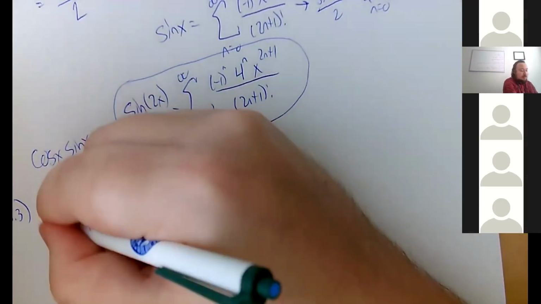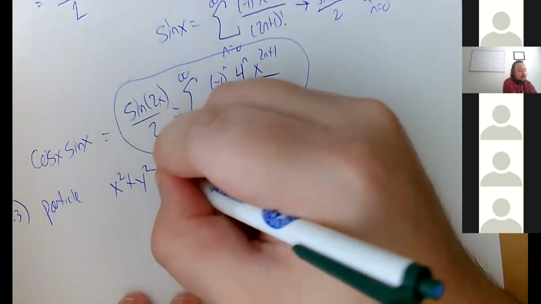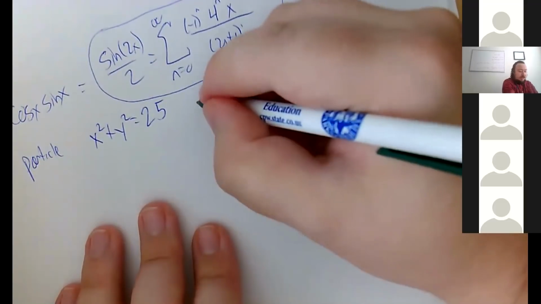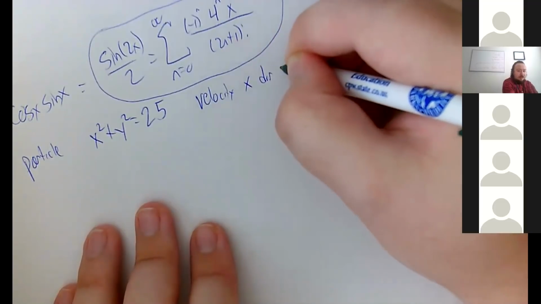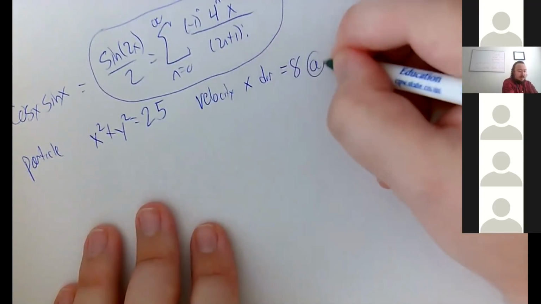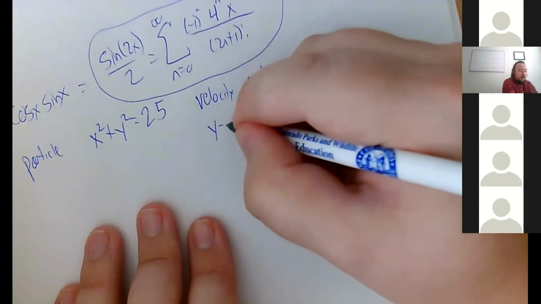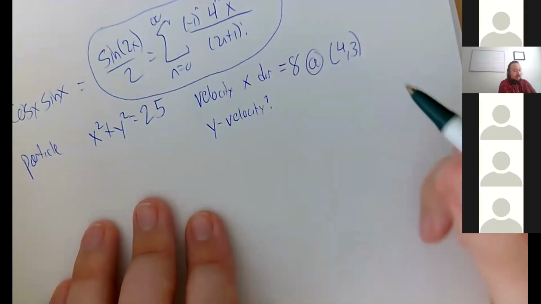All right, so suppose we have a particle and it's going along the path x squared plus y squared is 25. So if the particle's velocity in the x direction is 8 at the point 4, 3, then what's its y velocity? How fast is it going vertically?